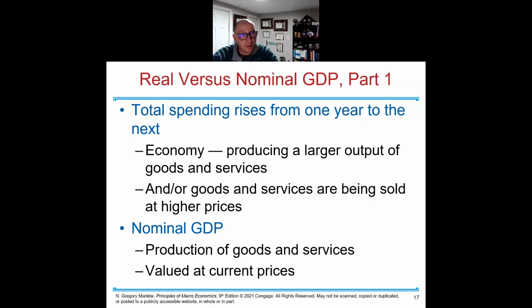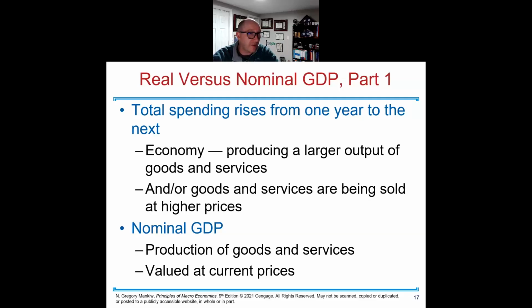So we look at year to year. We compare the real gross domestic product to the nominal gross domestic product. The nominal gross domestic product looks at the production of those goods and services at their current prices. At their current prices, nominal. So we compare the current prices to their values.